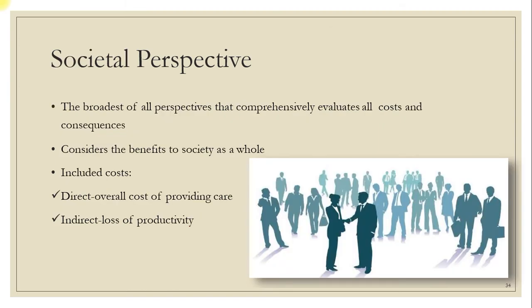Then the societal perspective is the broadest of all perspectives, which comprehensively evaluates all costs and consequences. It considers benefits to society as a whole, and it includes costs that are direct as well as indirect. Direct costs are the overall cost of providing care to the patient, and indirect costs include loss of productivity, same as the employer.